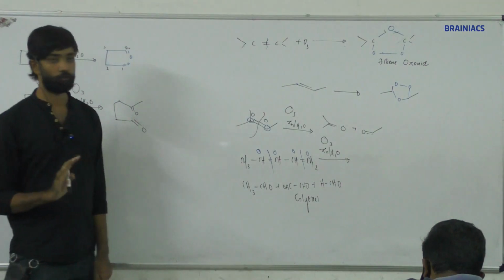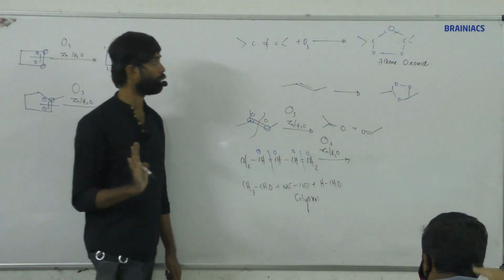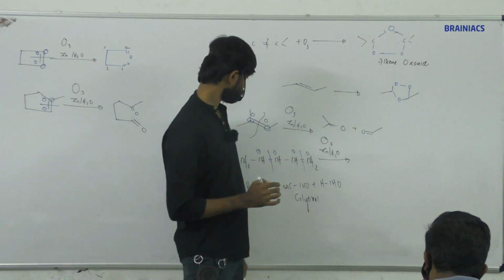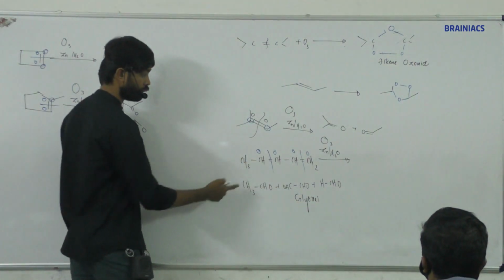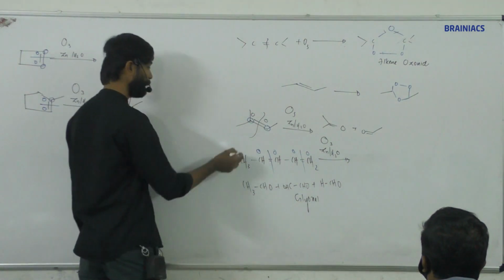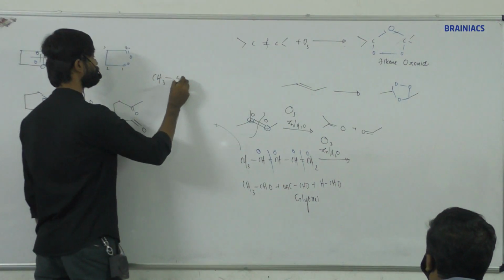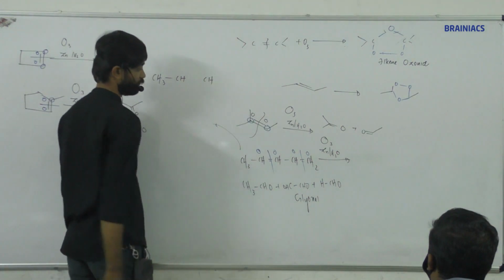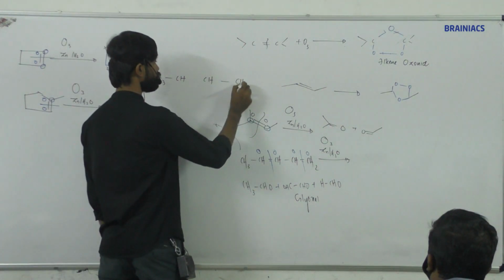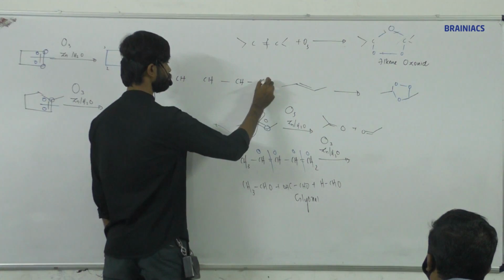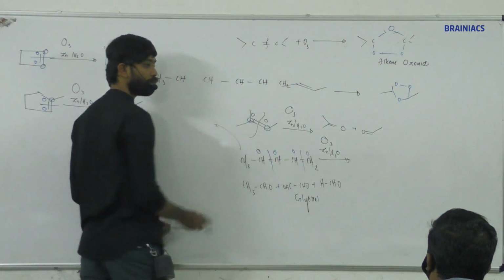So you should know how to design the ozonide. That is the only idea. This one. This one. A diozonide may form. Okay. Ready?